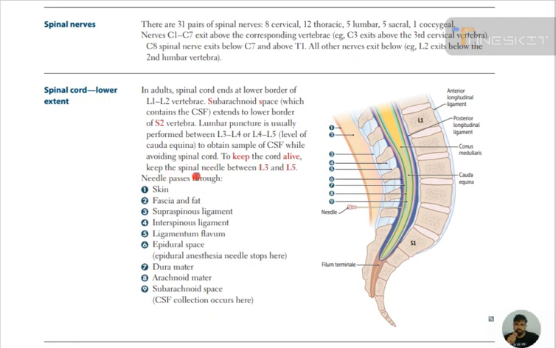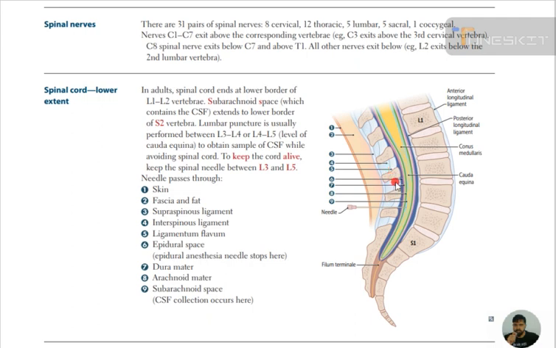So the needle passes through these important structures. Number 1, skin. Then the fat and fascia. Then the supraspinous ligament. Then the interspinous ligament. Then the ligamentum flavum.